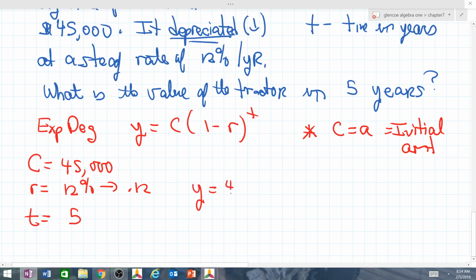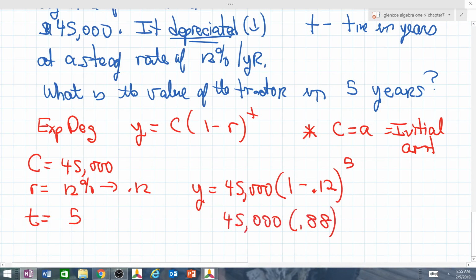Y equals 45,000 times 1 minus 0.12 to the power of 5. Order of operations, parentheses, exponents. 1 minus 0.12 equals, everybody should get 0.88, correct? I'm writing it here just so you can see it.